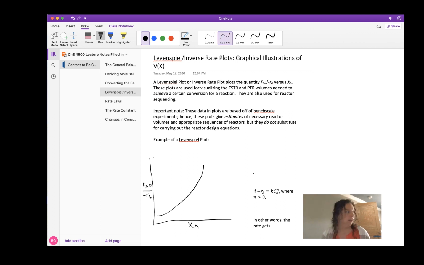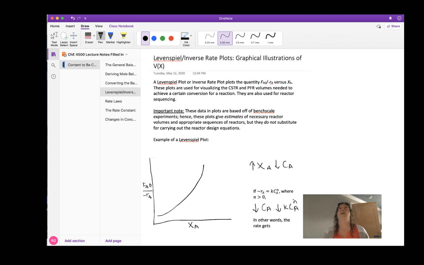The reason for that, if I think about what this graph entails: if I increase the conversion of A, and A is a reactant, then I'm decreasing the concentration of A. If we have the case where the rate of A is equal to a rate constant times the concentration of A raised to some power n, where n is a positive number, then as the concentration goes down, as the conversion goes up, the rate also goes down.